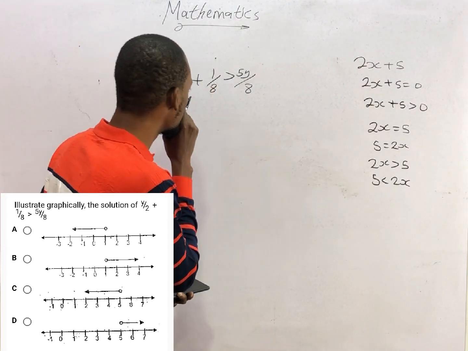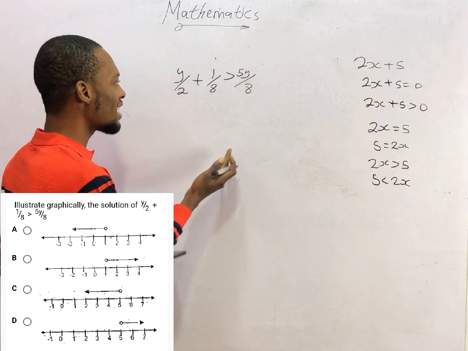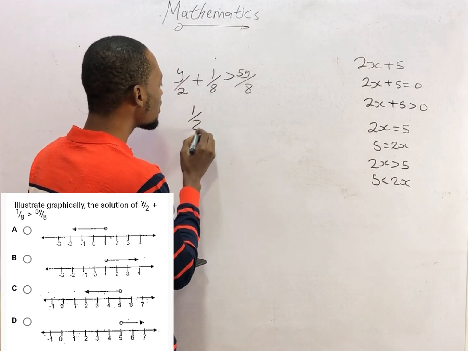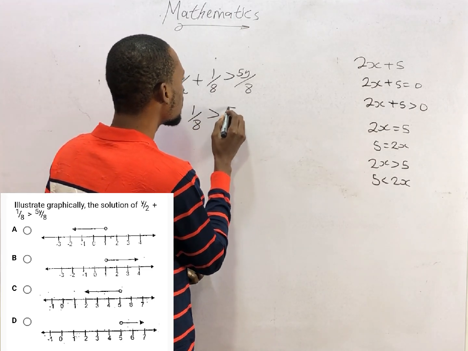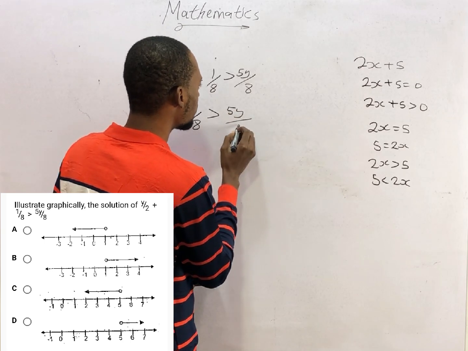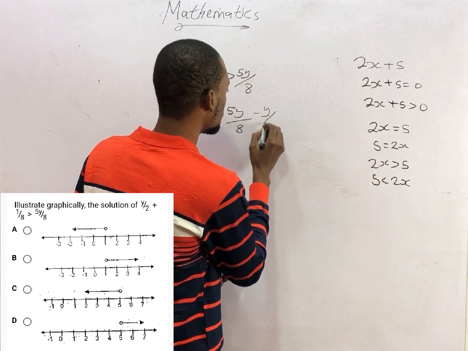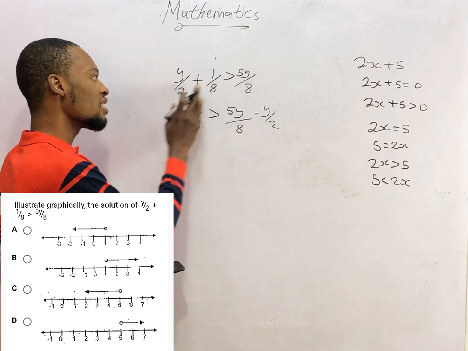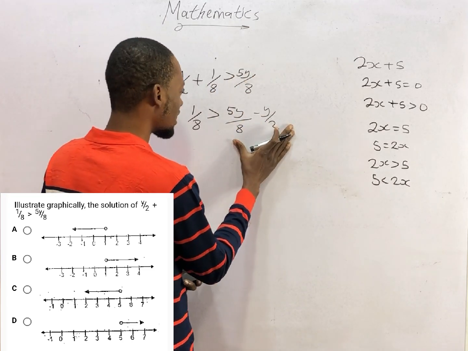If this is this, what we simply do is collect like terms. 1 over 8 is greater than 5y over 8 minus y over 2. There is y here, there is y here, so let's take them to one side.